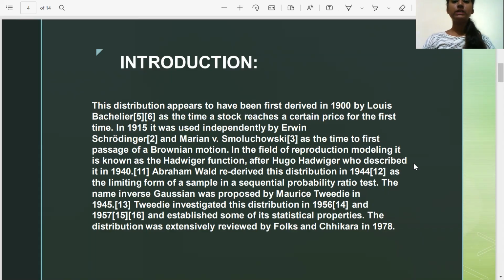Tweedie investigated this distribution in 1956 and 1957 and established some of its statistical properties. The distribution was extensively reviewed by Folks and Chhikara in 1978.